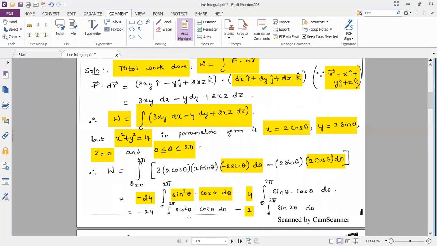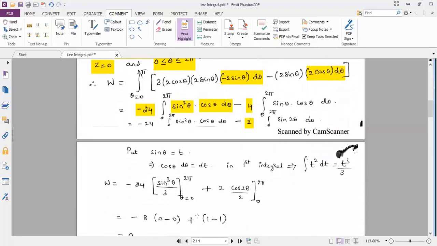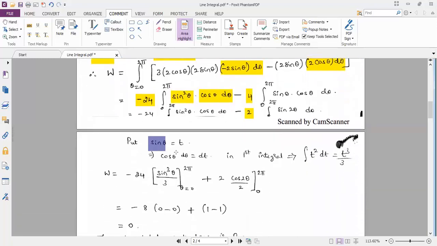So in the first integral, we make use of the substitution: sin theta as t, and differentiating, cos theta d theta will be dt. We substitute this expression in the first integral to obtain integral over t square dt. Integral over t square dt is t cube divided by 3.